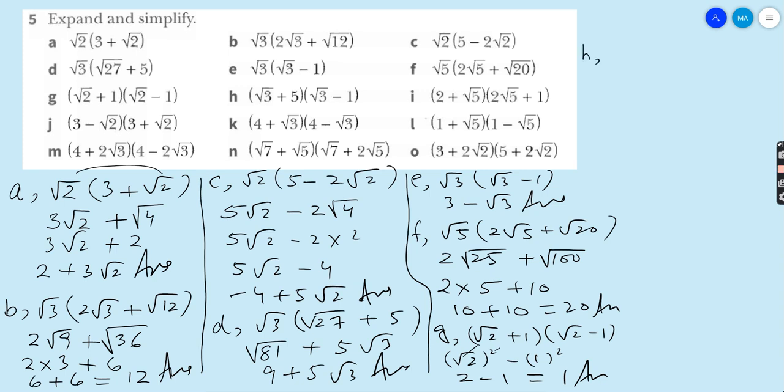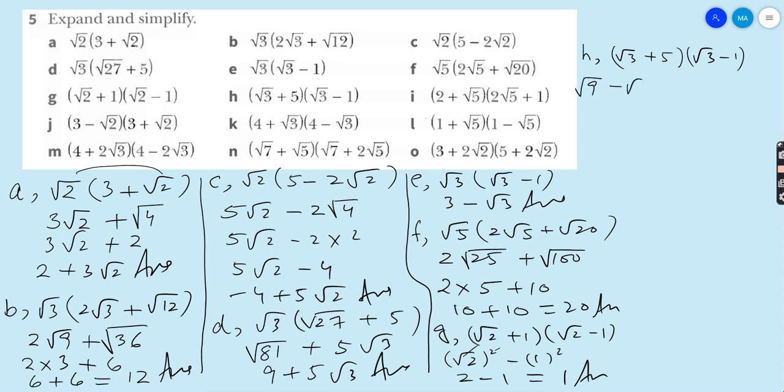Come to part H. Part H is root 3 plus 5 multiplied by root 3 minus 1. This time we cannot apply the formula of a plus b into a minus b because both the brackets have a different second number: in the first bracket 5 and in the second bracket 1. So we cannot apply the formula. Now we just apply the ordinary multiplication method. Root 3 into root 3 is root 9.